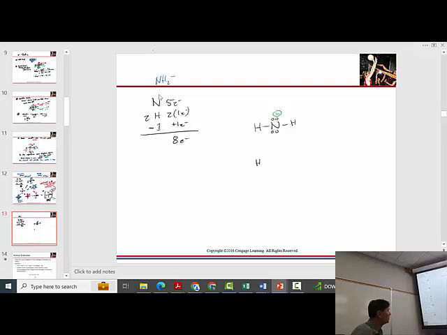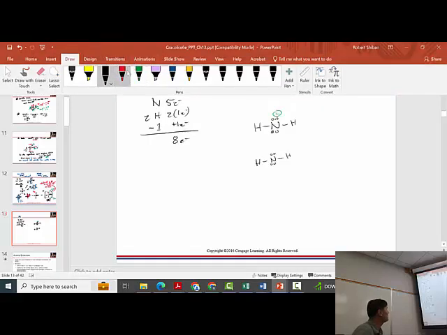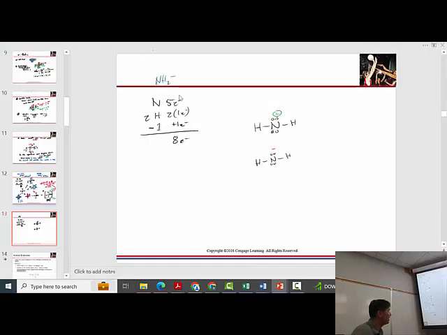That would be a -3 charge. Yes. So the oxidation state is -3 on nitrogen and +1 on hydrogen.